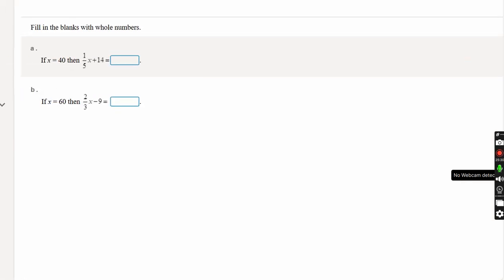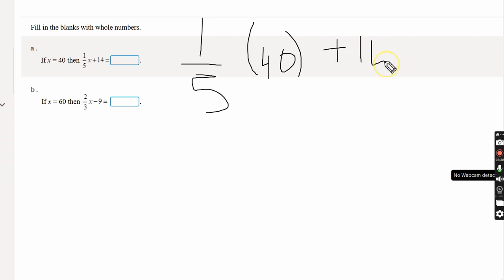So x equals 40 times 1 over 5, again you just put it here, in the 40, plus 14. So again you simplify it, you get 1 over 5, and then times 40. Simplify it by 5, because you already know, I just mentioned it previously.